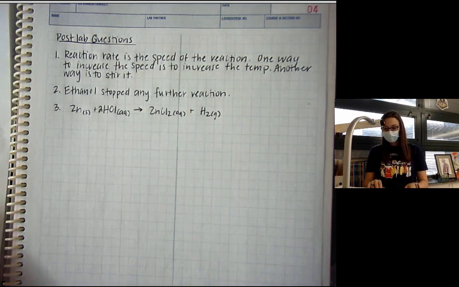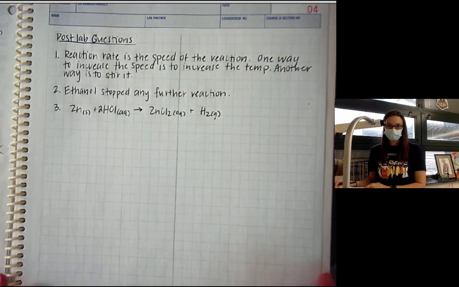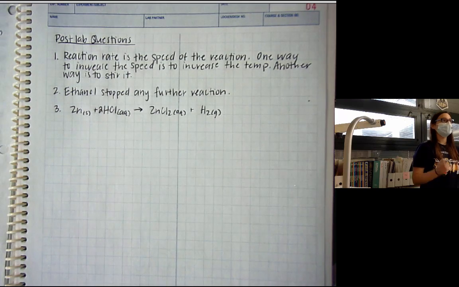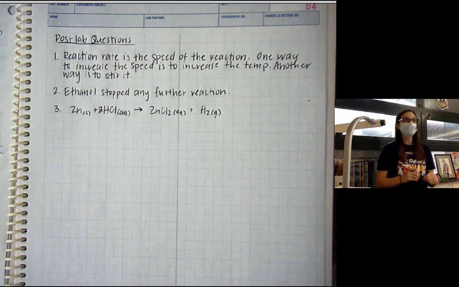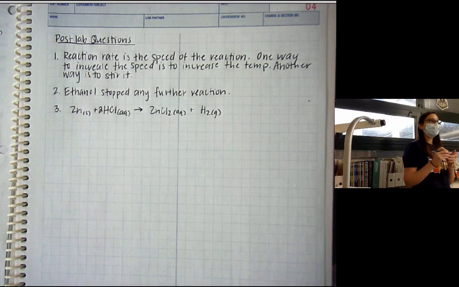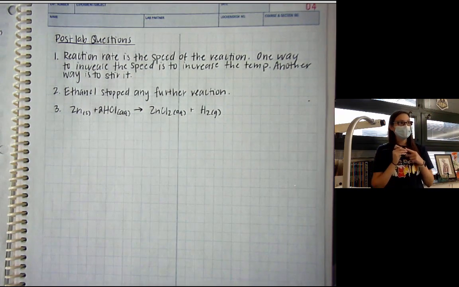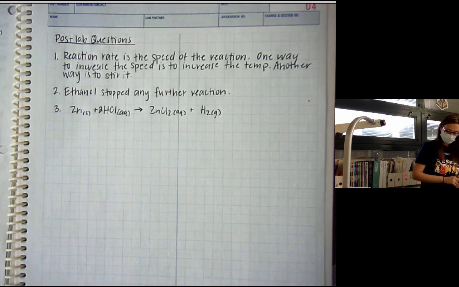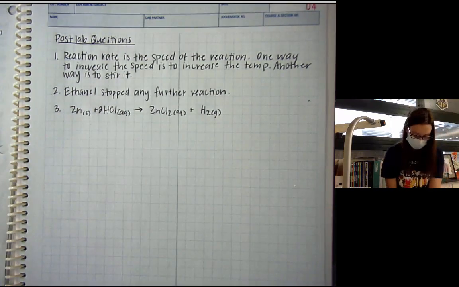Now this is going to want our net ionic equation, which means I have to break apart any strong electrolytes. Strong electrolytes are one of three things: a soluble ionic substance, a strong acid, or a strong base. I'm going to show you.